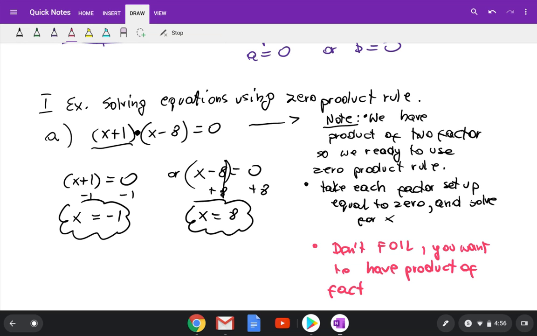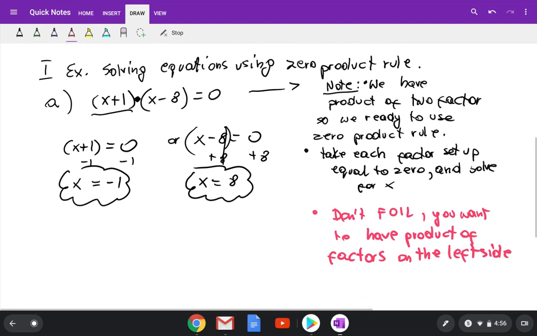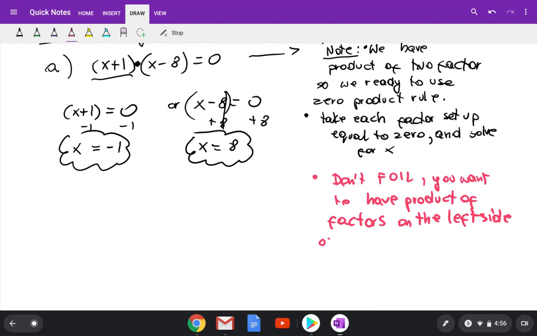I'm putting it in plural because it can be more than 2 on the left side of the equation, and 0 on the right side.